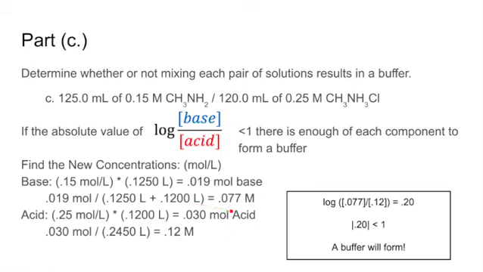When we do this for the base, we end up getting a new concentration of 0.077 molar. And when we do this for the acid, we get a new concentration of 0.12 molar. Plugging this in to the log of the base concentration over the acid concentration, as you can see right here, we get 0.20. The absolute value of this is less than 1, so a buffer will form.